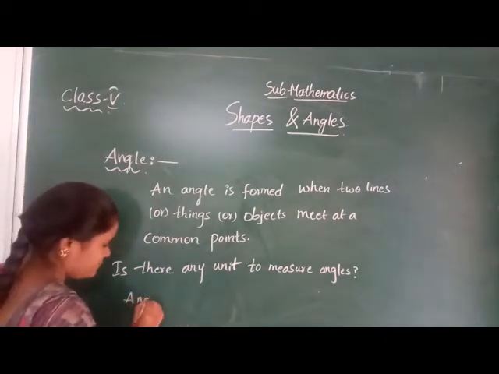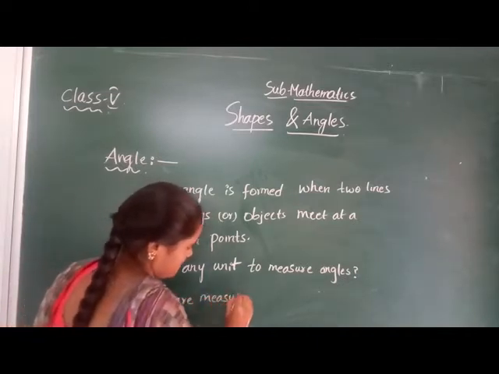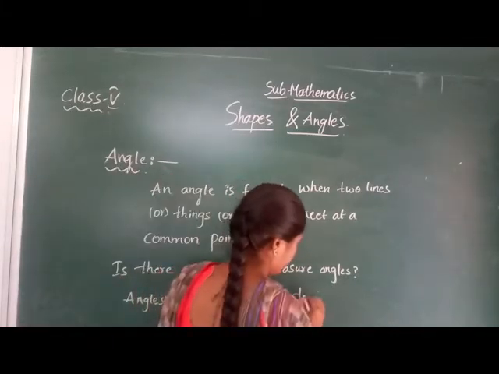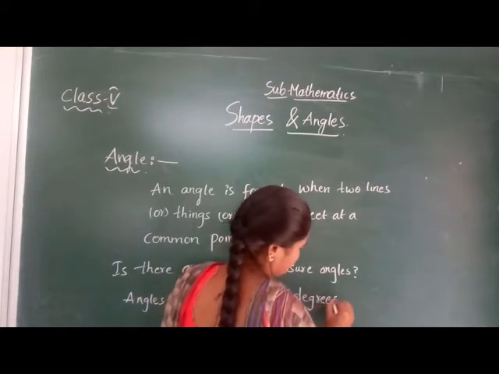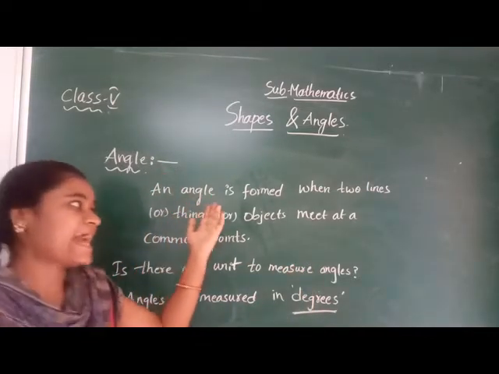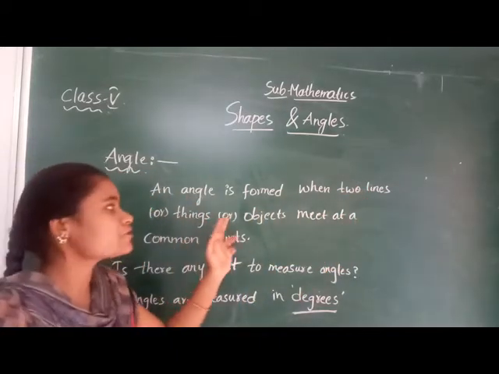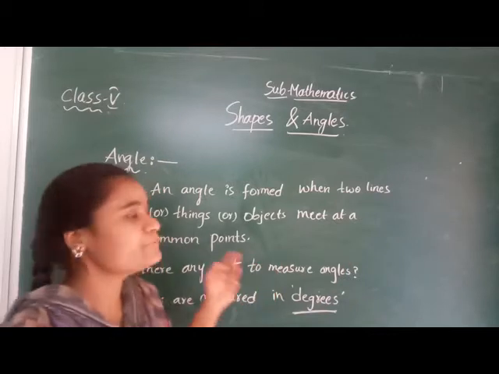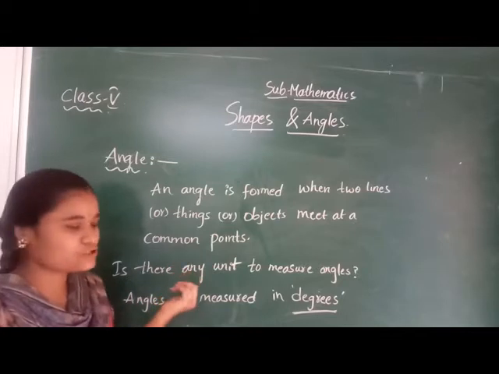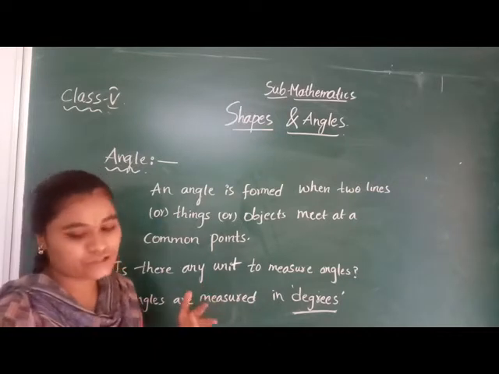Angles are measured in degrees. So, what is an angle? An angle is formed when two lines or things or objects meet at a common point. What is the unit of measurement? Angles are measured in degrees.